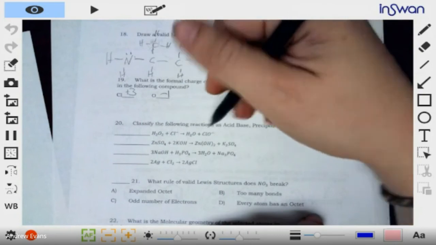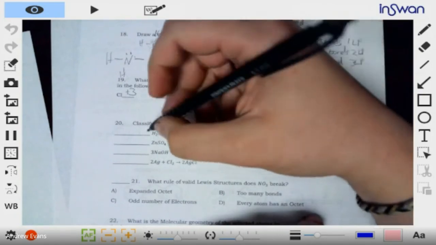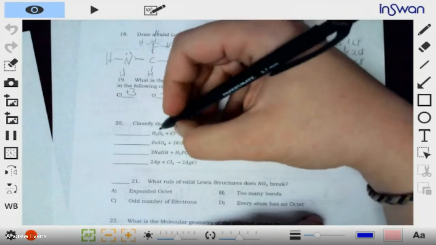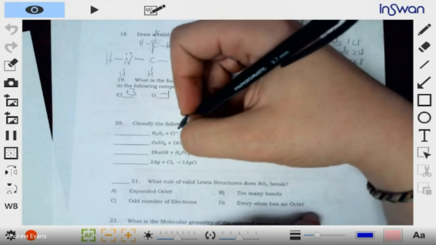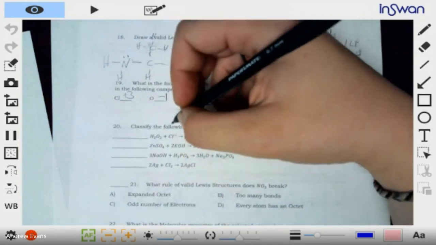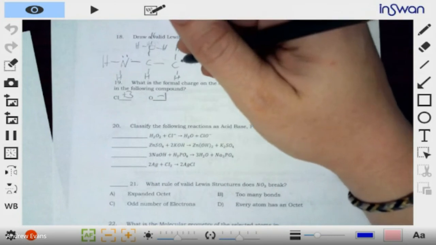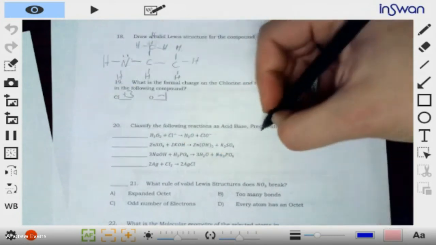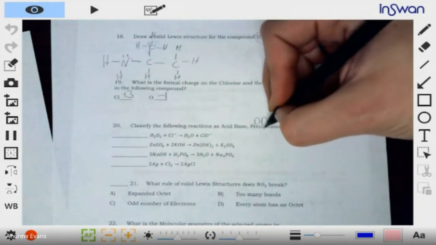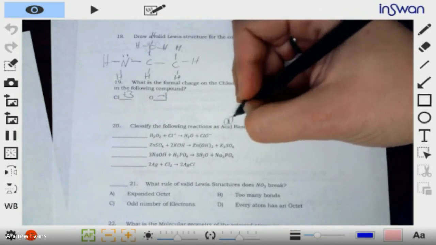Classify the following compounds as reactions as acid base, precipitation, or redox. So in this case, if you can find even one redox, it's redox. If you can find any one solid, it's probably precipitation. Precipitation will be a double displacement that forms a solid. Acid base is typically a double displacement that forms water.